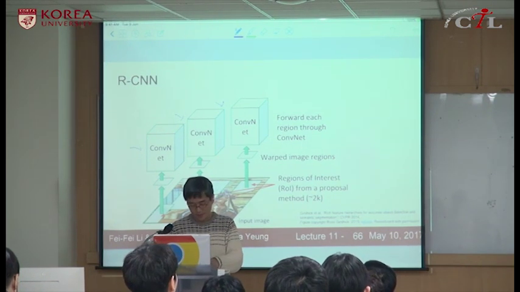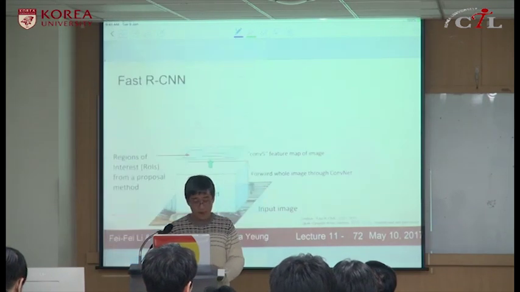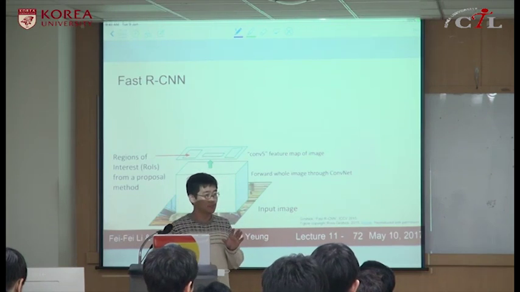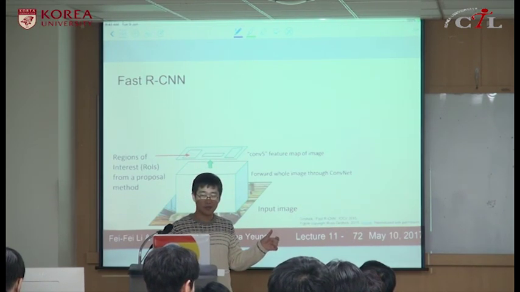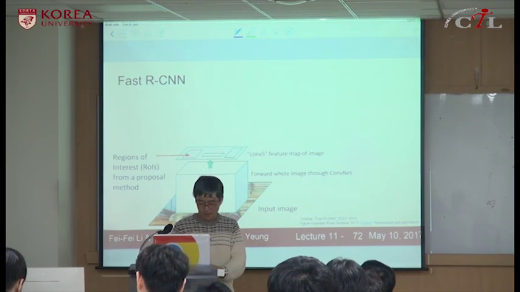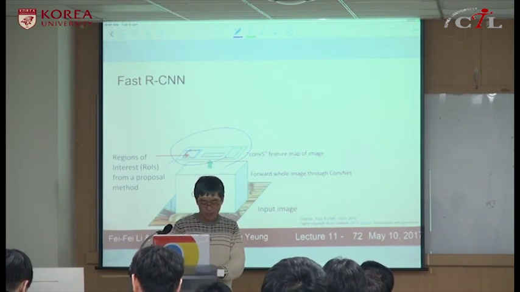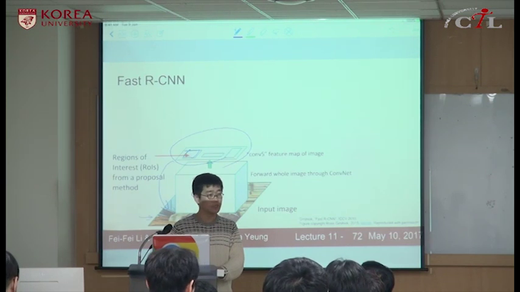In the case of Fast RCNN, we still apply the region proposal method with no changes compared to the RCNN. These proposed regions, or ROIs, are obtained by applying the region proposal method on the original image.